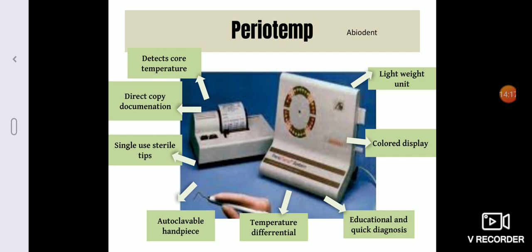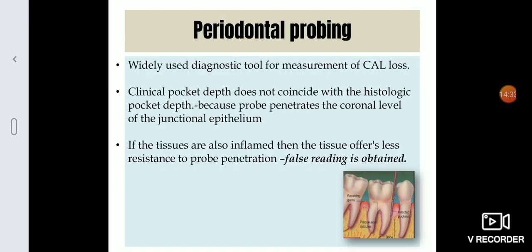Subgingival temperature is higher in disease sites when compared to healthy sites, and the temperature of the individual site is compared to the normal temperature for that particular site, and high temperature pockets are signaled by a red light emitting diode.